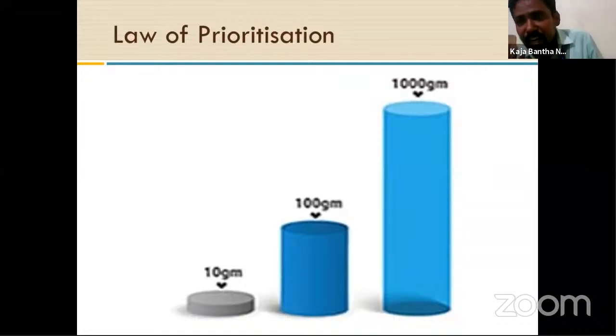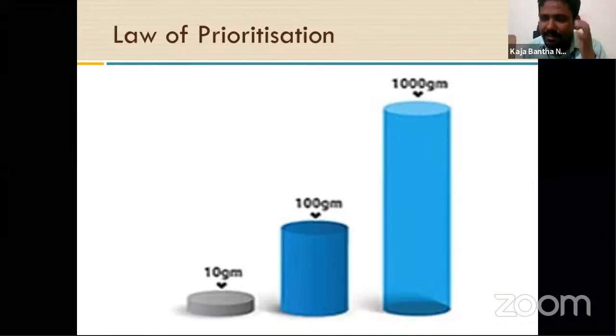Prioritize in everyday life also. You segregate your problems and classify them into three types: 100 grams, 1,000 grams, and 10 grams.